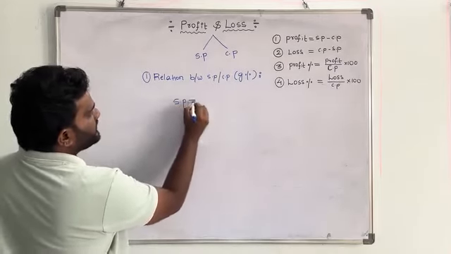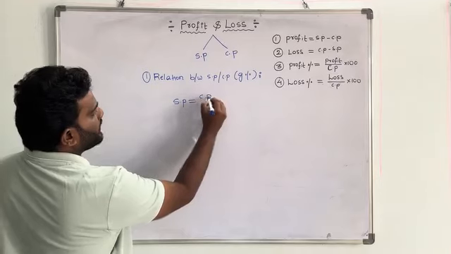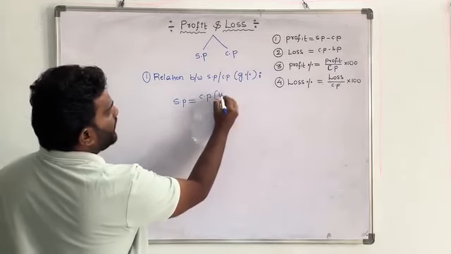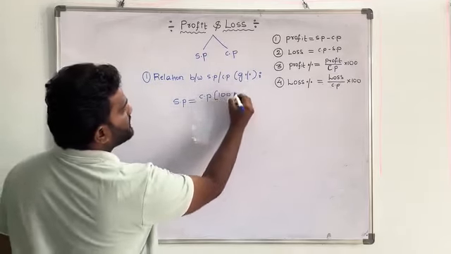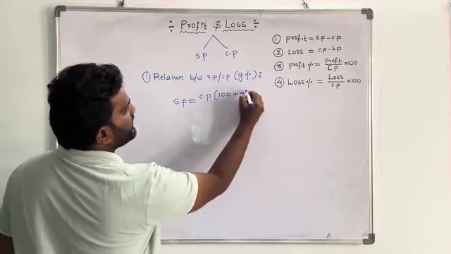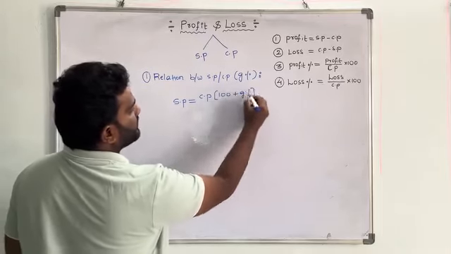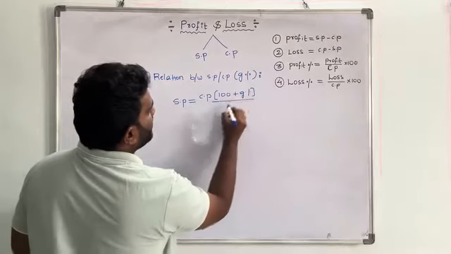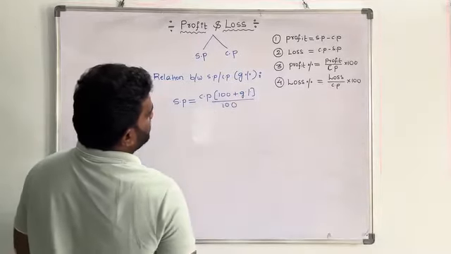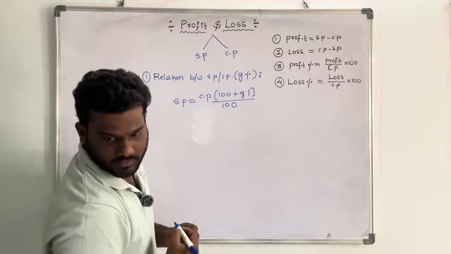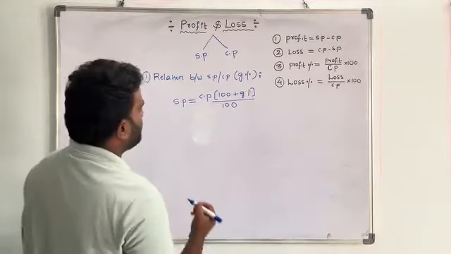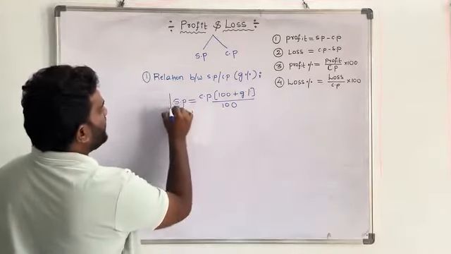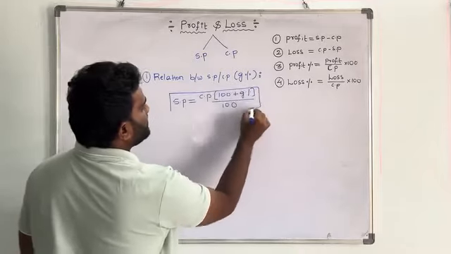Selling price is equal to cost price into 100 plus G, whatever the gain percentage given in the question, divided by 100. This is the formula when gain percent is given.